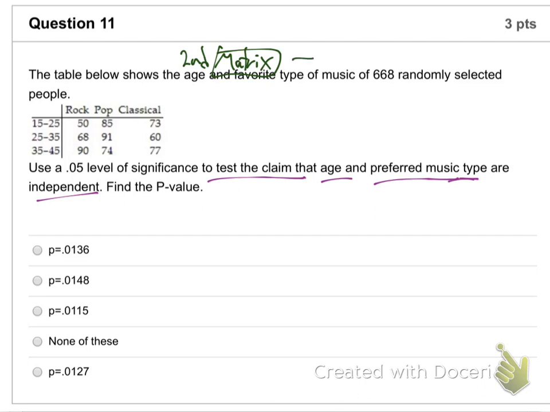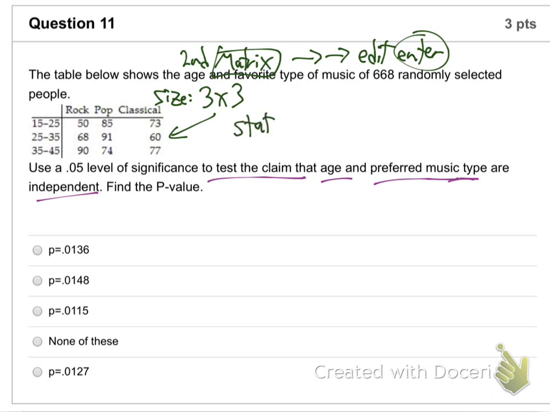Go over a couple times to edit and hit enter. Then do the size. What's the size of this one? 3 by 3. And then put in the data. After that, go to Stat, then over to Tests.